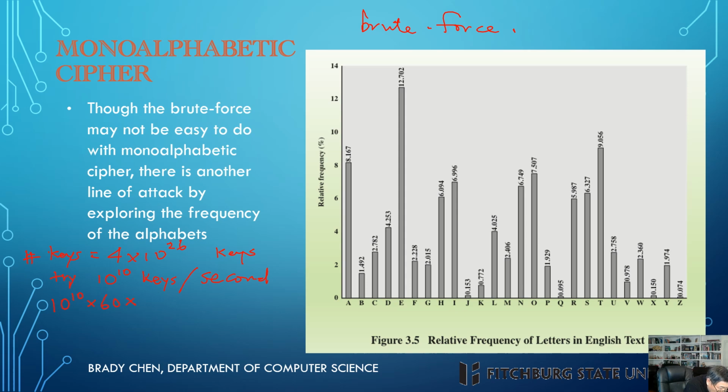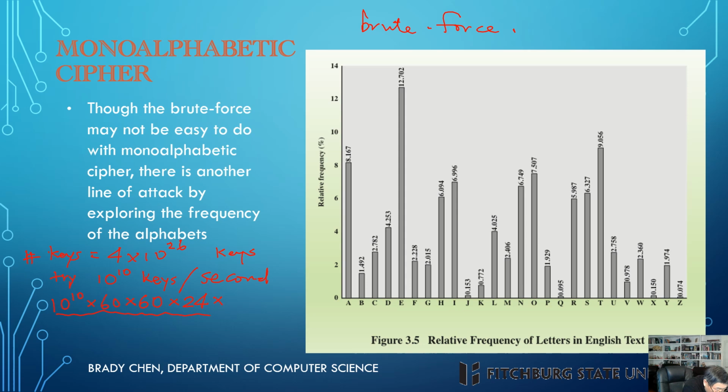Now, what about an hour? 1 hour is 60 minutes, so I multiply by 60. That's the total number of tries I can do in 1 hour. I can do similar things for 1 day because there are 24 hours per day. So that's the total number of keys I can try in a day.